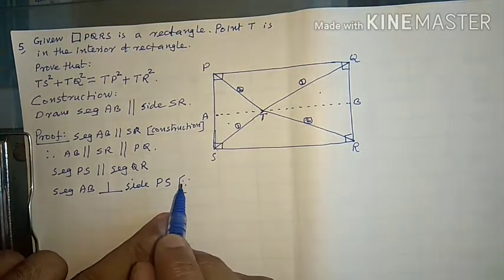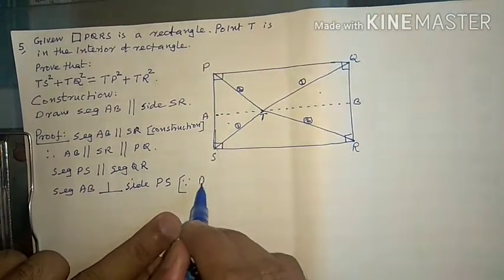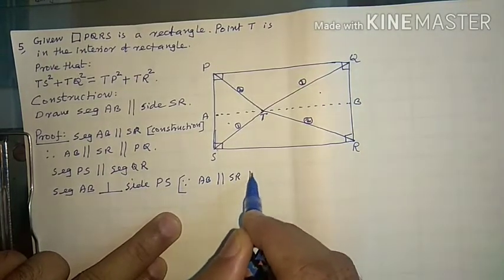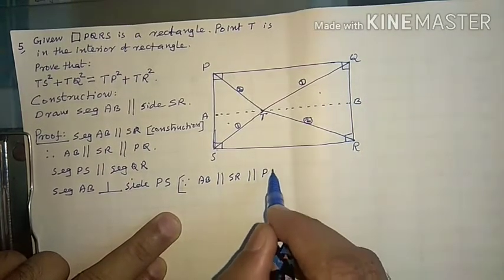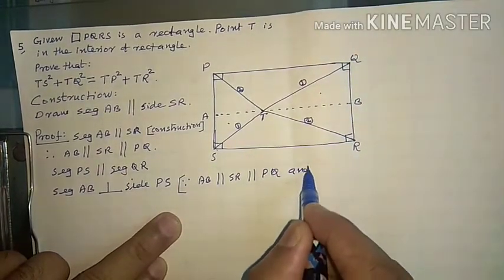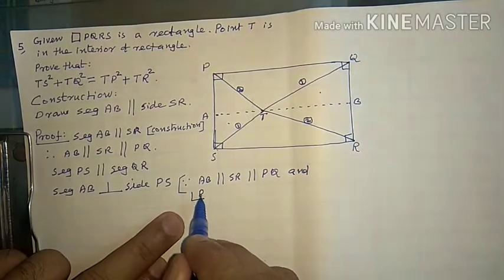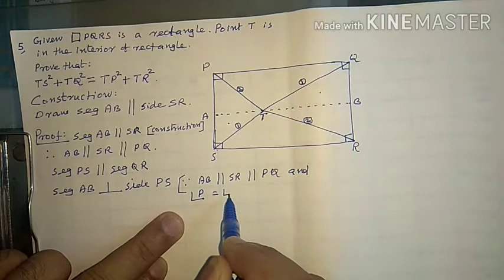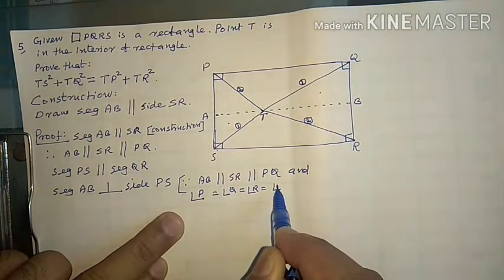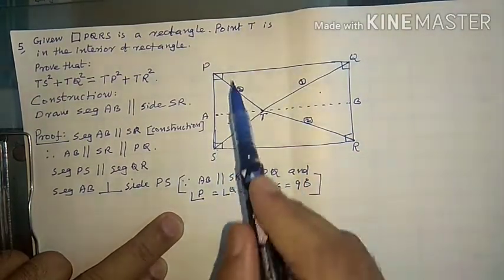We can argue since AB is parallel to SR, parallel to PQ, and angle P equal to angle Q equal to angle R equal to angle S is equal to 90 degrees.